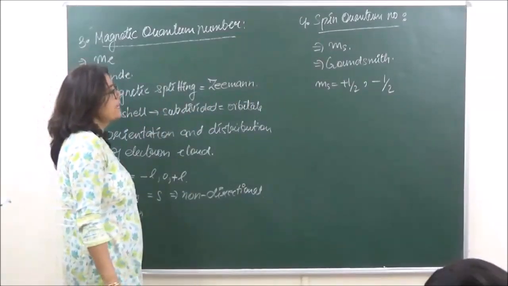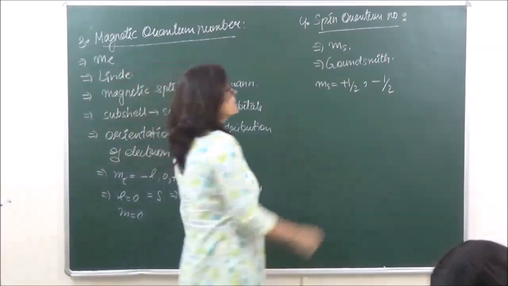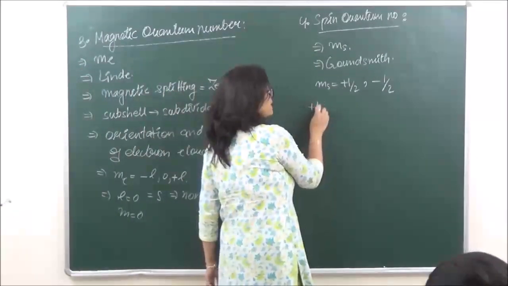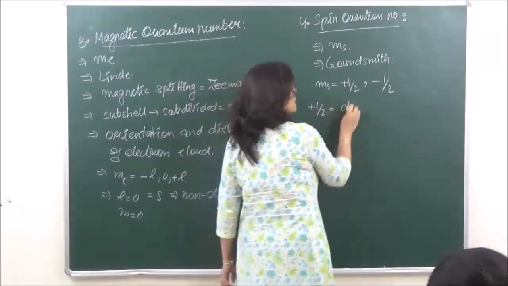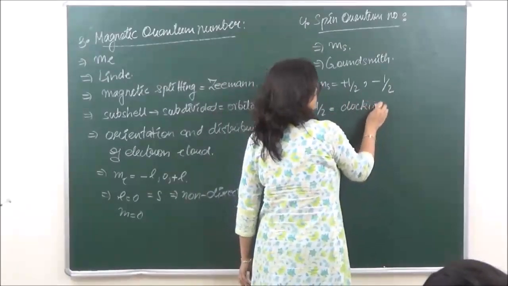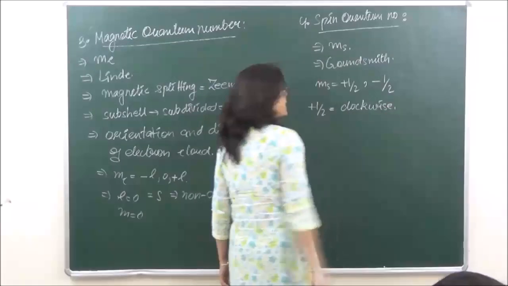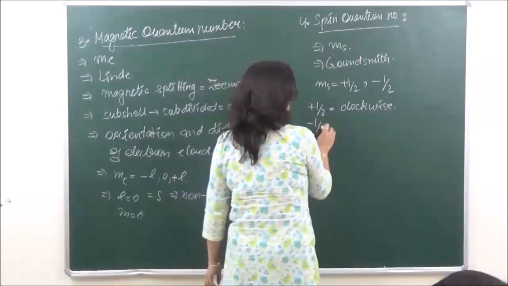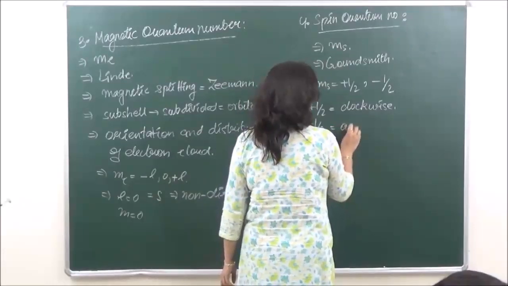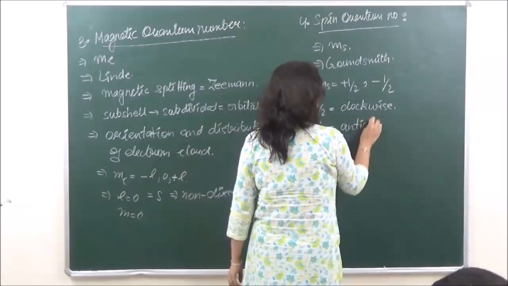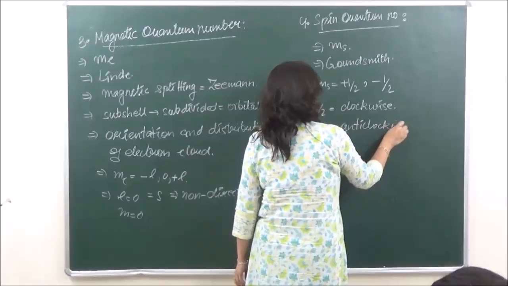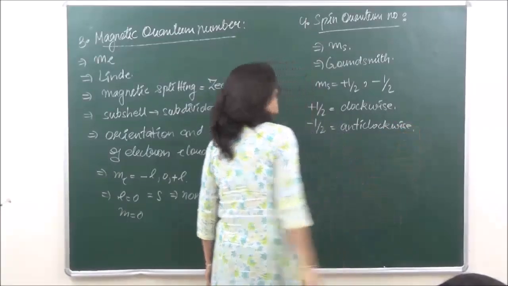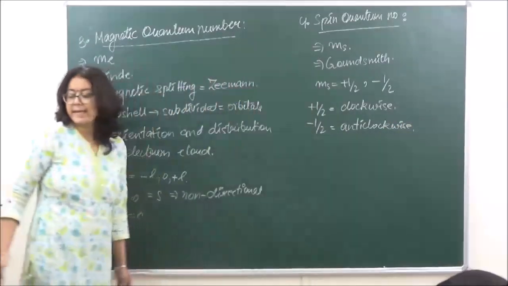When we are talking of plus half, it means that the electron is rotating clockwise, and if the value is minus half, then it is anticlockwise.